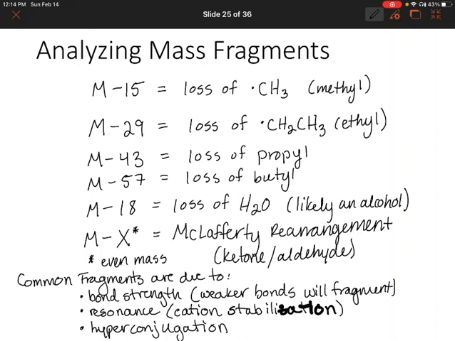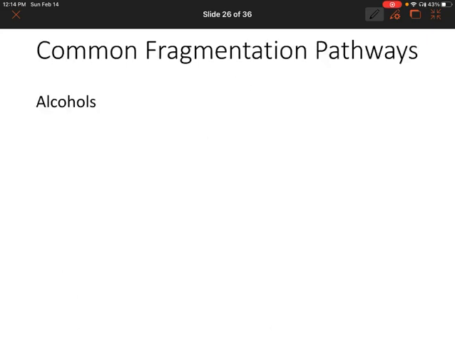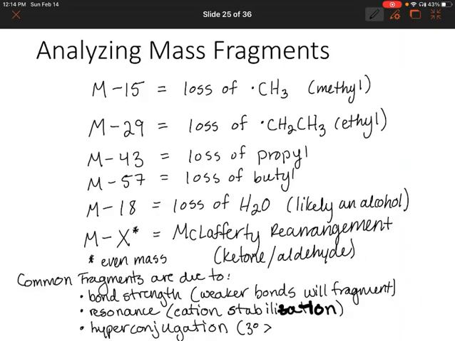But let's say you lose a methyl group from your compound and it results in a primary carbocation. That would not be very favorable, so you probably wouldn't lose that methyl group. So just remember, tertiary carbocations are more stable than secondary, which are more stable than primary carbocations, etc.